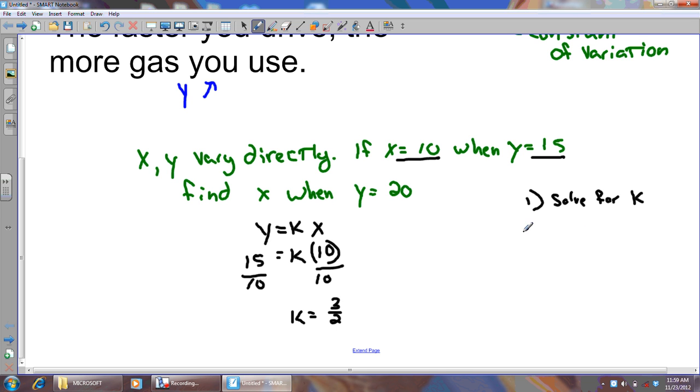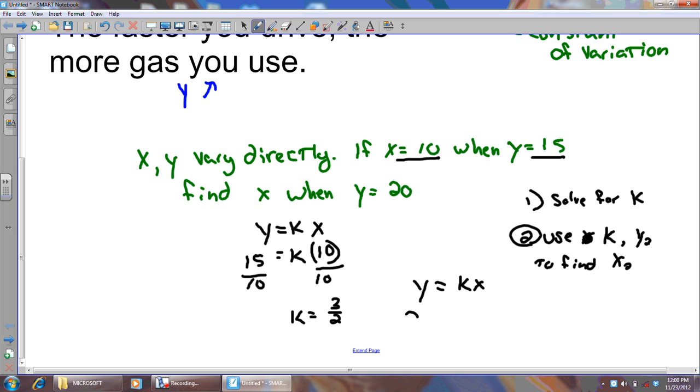Okay. Second step, use k. Oops. Use k and y, the second y, to find the second x. So I'm going to use y equals kx.